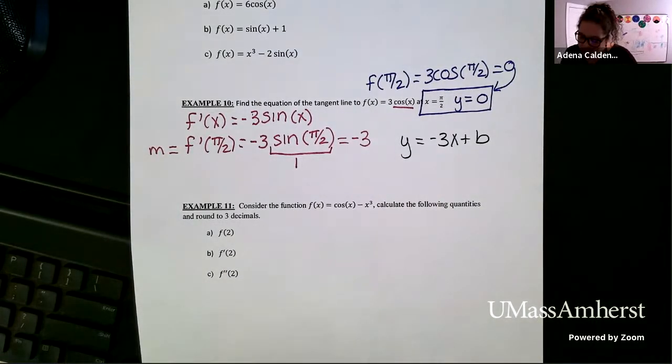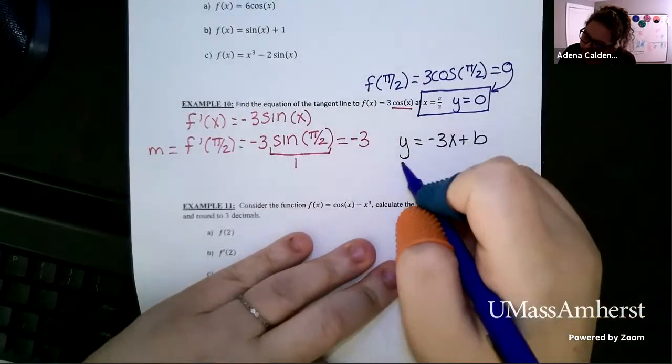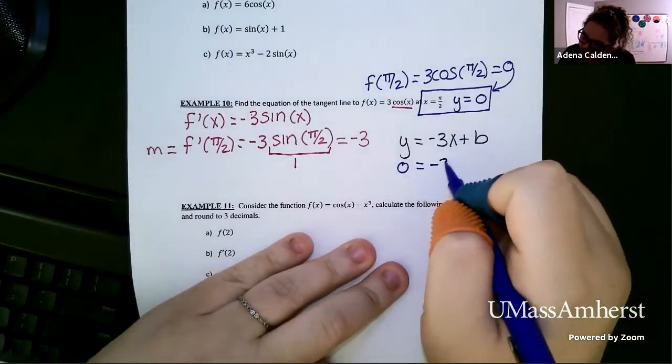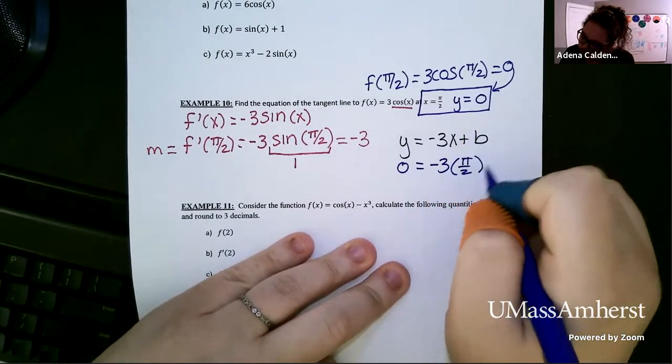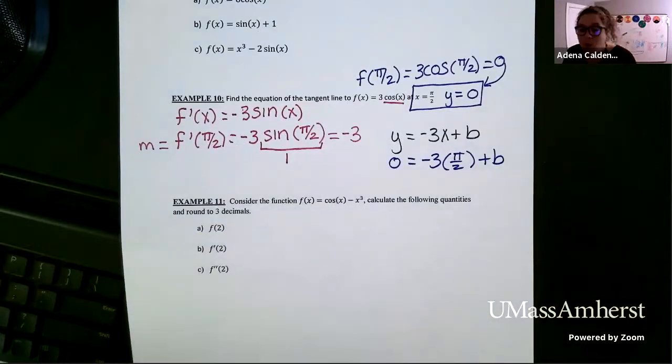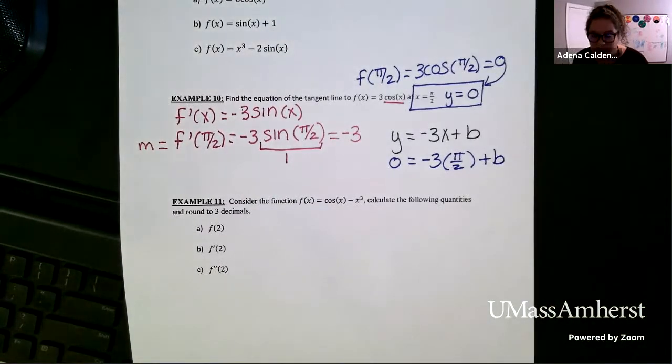And something interesting and important happens here that we need to talk about. So we have y equals 0, x is pi over 2, plus b, okay? So pi is an irrational number, right? It goes on forever and ever.